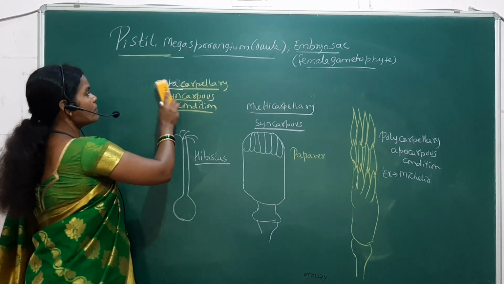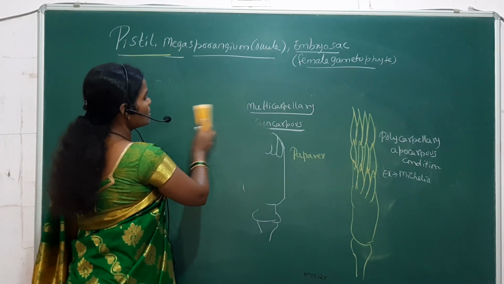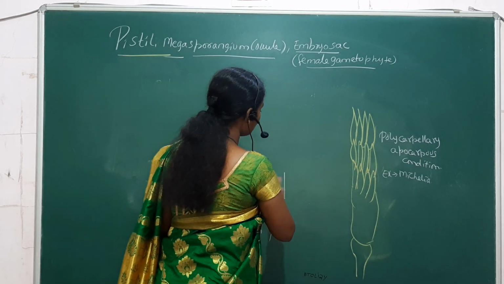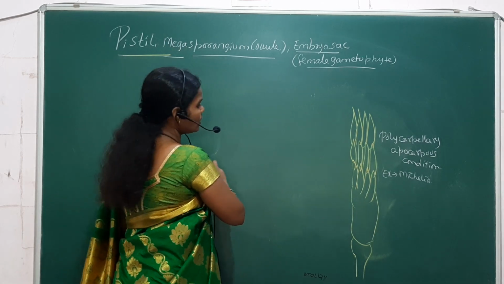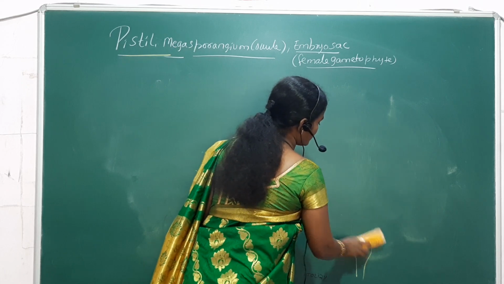Now next we are going to see the types of locules. Already I have told you the locule is the ovarian cavity.